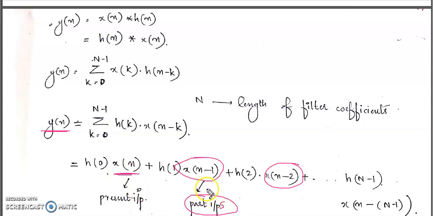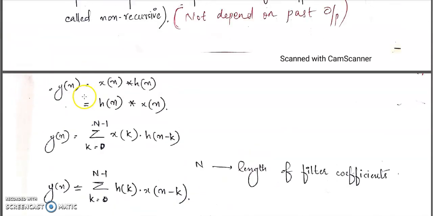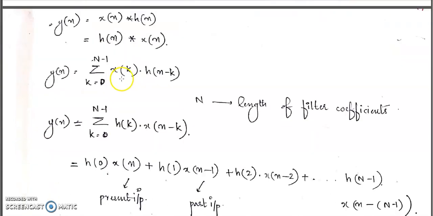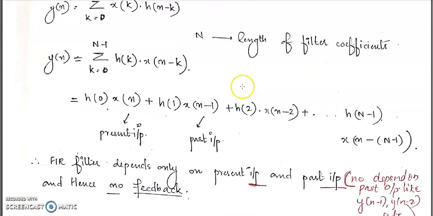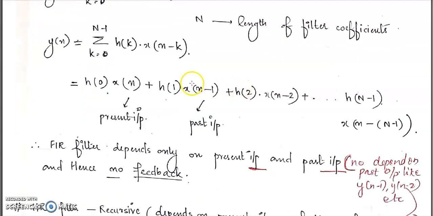That's why we call it a non-recursive type filter. It does not depend on past output. Here, there is no past output, so no feedback is required in the case of an FIR filter.